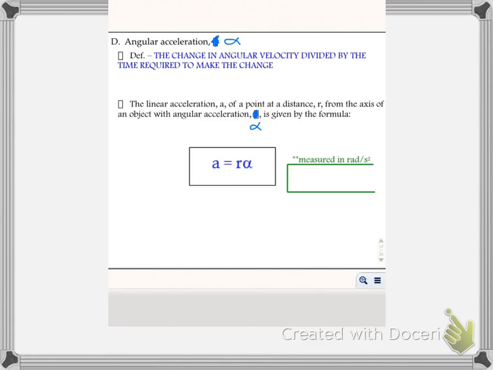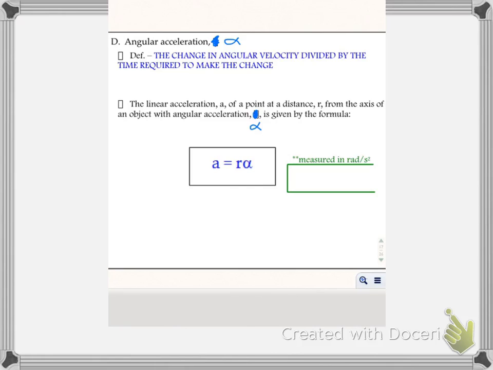And then our last equivalent that we're going to do is angular acceleration, and it gets the Greek letter alpha, which is the funny little fishy. The definition for angular acceleration is the change in angular velocity divided by the time required to make the change. Now think back to acceleration when we studied things that are moving in a straight line.